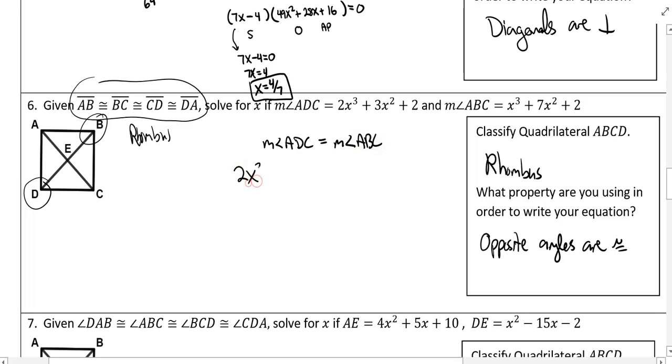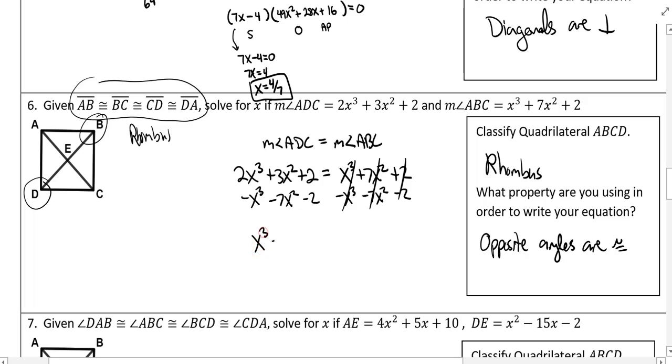So 2x to the third plus 3x squared plus 2 is equal to x to the third plus 7x squared plus 2. Subtract x cubed and 7x squared and 2, and we get x to the third minus 4x squared is equal to 0.